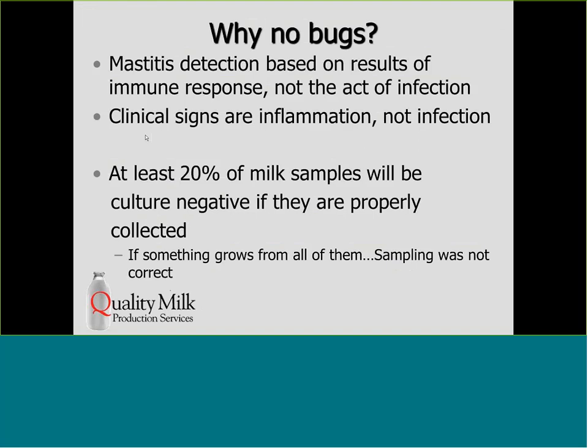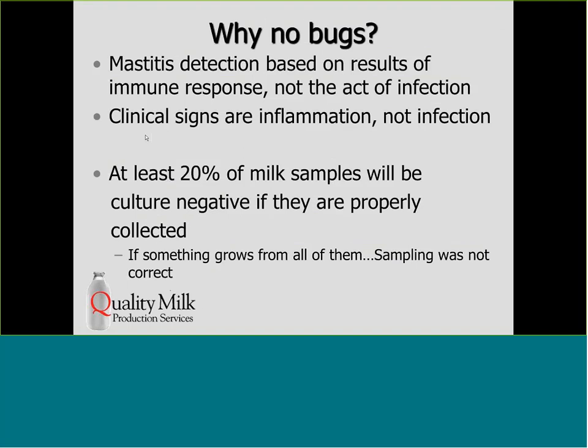So why don't 20 to 35% of these cows have any bugs when we try to grow them here in our lab, which is pretty good, or if you even try to grow them on farm? Why no bugs? One thing to take away from this, if you learn nothing else today, is that mastitis detection, when we see clots, flakes, gargot in milk, that's a result of an immune response, not the active infection.